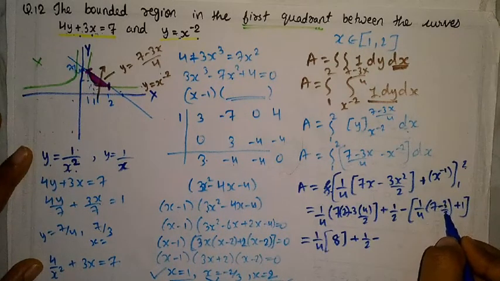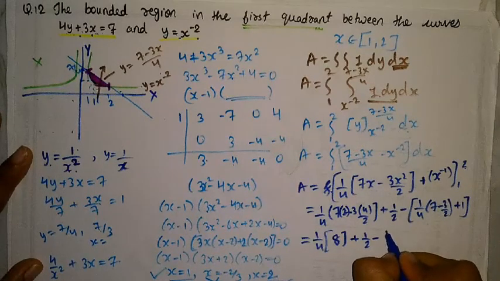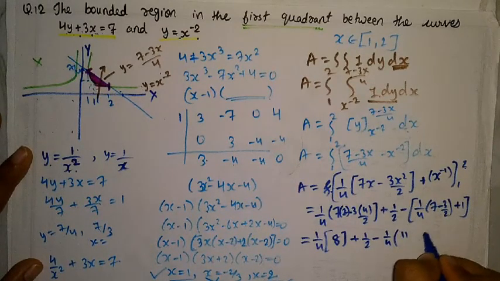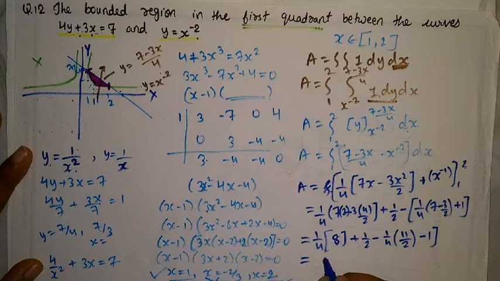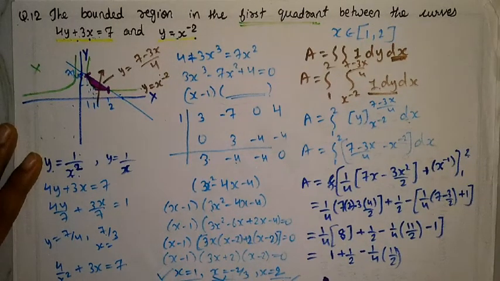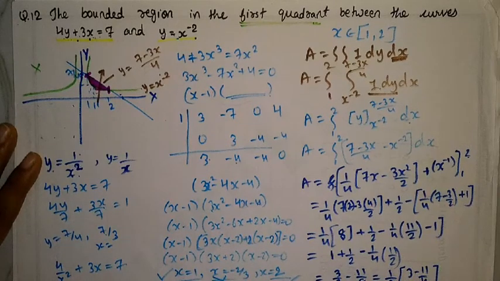Now 7 to the 14 minus 3, 1 upon 4 into 11 by 2, and here it will be minus 1, that is equal to, here it will be 2 minus 1, 1, 1 plus 1 by 2 minus 1 by 4 into 11 by 2. So now solving this we get 3 by 2 minus 11 by 8, that is equal to, let's take 1 by 2 common, so 3 minus 11 by 4.